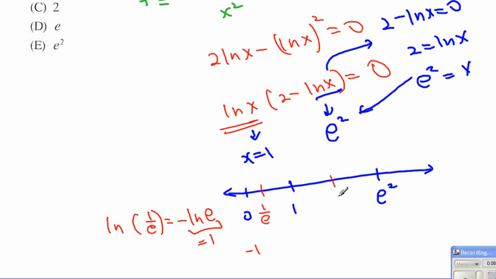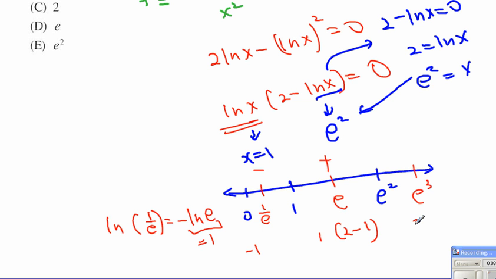Here we get a negative value. But why don't we plug in e? When you plug in e, that's between 1 and e squared. So here we get 1, and then 2 minus ln of e, which is still equal to 1, and we realize that it's positive. This is negative. Now, what if you plug in e cubed?